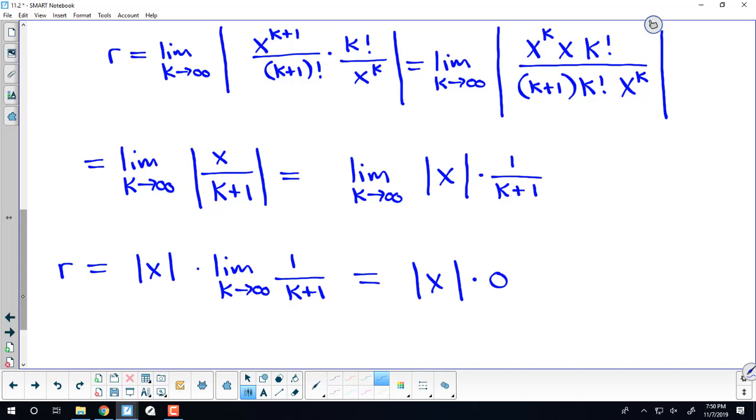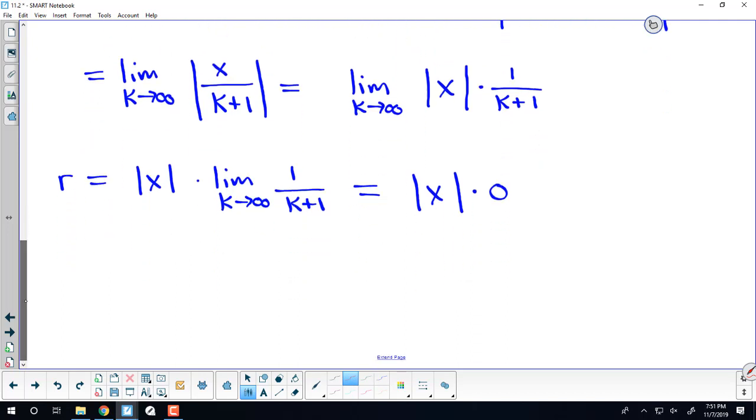All right, now that we've computed the ratio, what has to be true about the ratio for this thing to converge? In general, r has to be less than 1 for convergence.